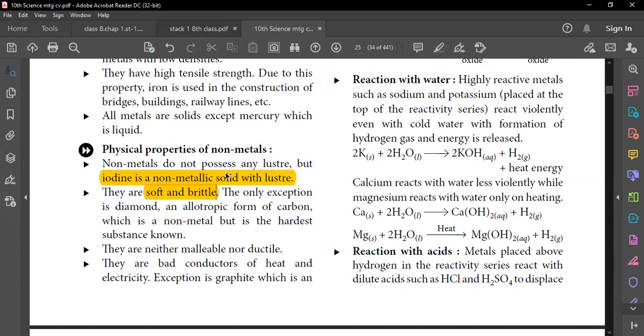It will break into small pieces, right? That is brittle nature. Generally, non-metals are soft and brittle. The only exception is diamond, which is the allotropic form of carbon. Diamond is the hardest substance known on earth.